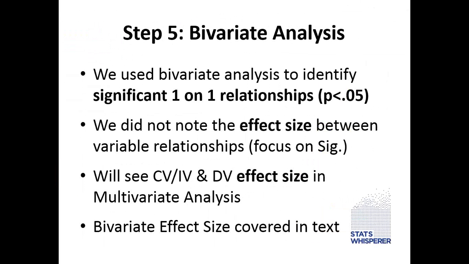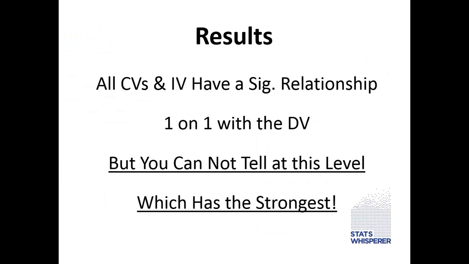But we are going to look at the effect size between the predictors and the dependent variable, the covariate variables, the independent variable, and the dependent variable in the multivariate analysis. But the bivariate effect sizes are all covered very well in the text if you need to analyze those as well.